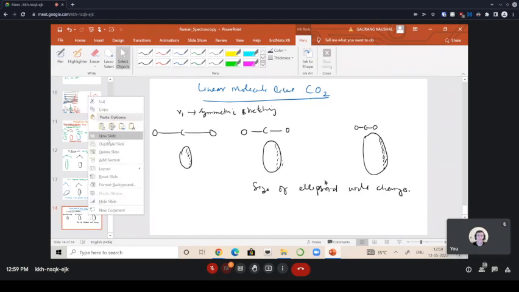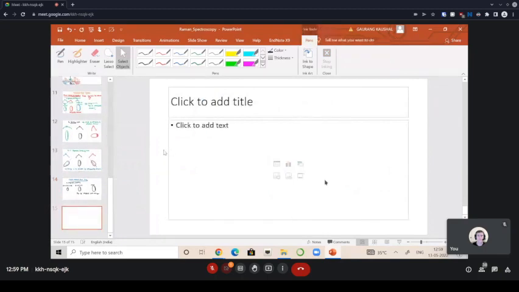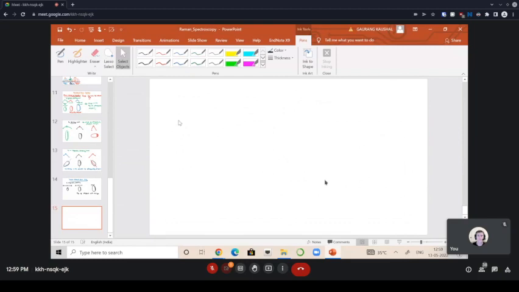What about the second mode? The second mode is the bending mode. See what is happening in the bending mode for CO2. Initially the molecule was like this, and in bending, some kind of angle is introduced here.